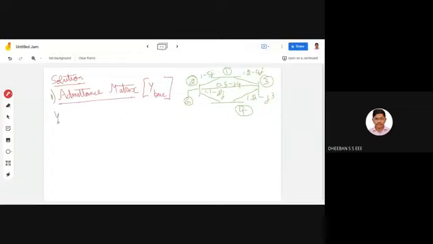As I said, it is a 4 cross 4 matrix. So it has Y11, Y12, Y13, Y14, Y21, Y22, Y23, Y24, followed by Y31, Y32, Y33, Y34, and last it is Y41, Y42, Y43, followed by Y44.